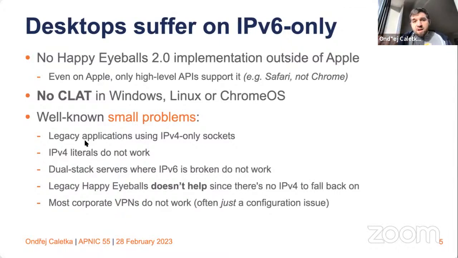And as I said, there are legacy applications that use IPv4 only or IPv4 literals. The problem is also with Happy Eyeballs, the algorithm that allows us to quickly switch from IPv6 to IPv4 in case IPv6 is broken. This, of course, cannot work on a desktop that has only single stack IPv6 connectivity because there's nowhere to switch to.